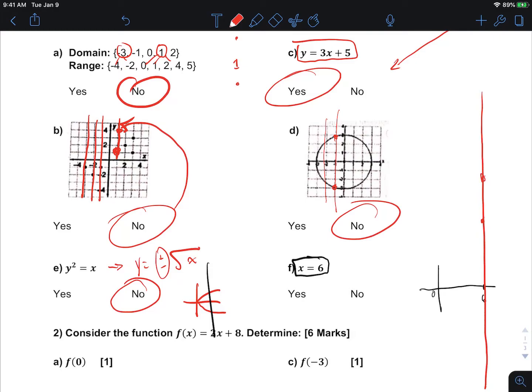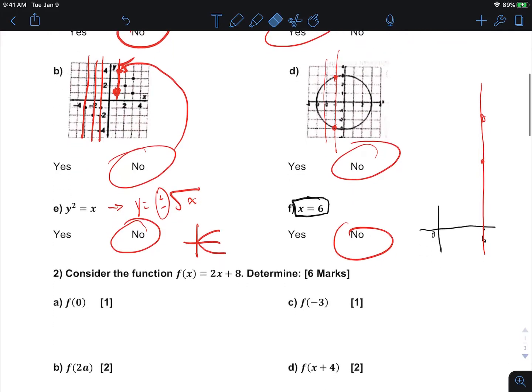And then obviously a vertical line fails the vertical line test because we get a whole bunch of y values, right? So that's no. Is that very good? Okay. Now, as long as everybody's okay with that, let's go to the next one here.